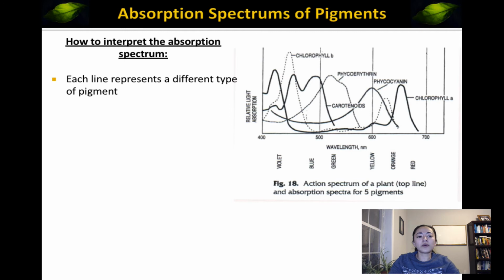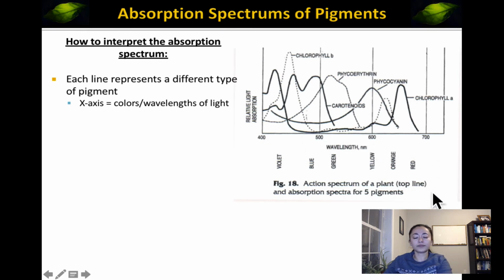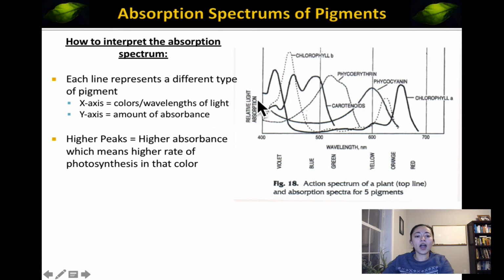First, remember each line represents a different type of pigment. The x-axis shows us the different colors of light or their wavelengths. The y-axis shows us the amount of absorbance happening at that specific wavelength. The higher the peak, the higher the absorbance, which means a higher rate of photosynthesis can occur.